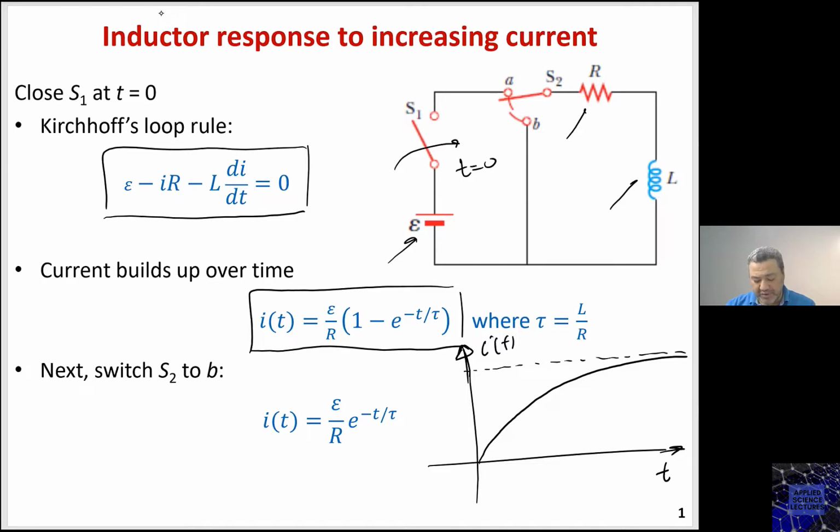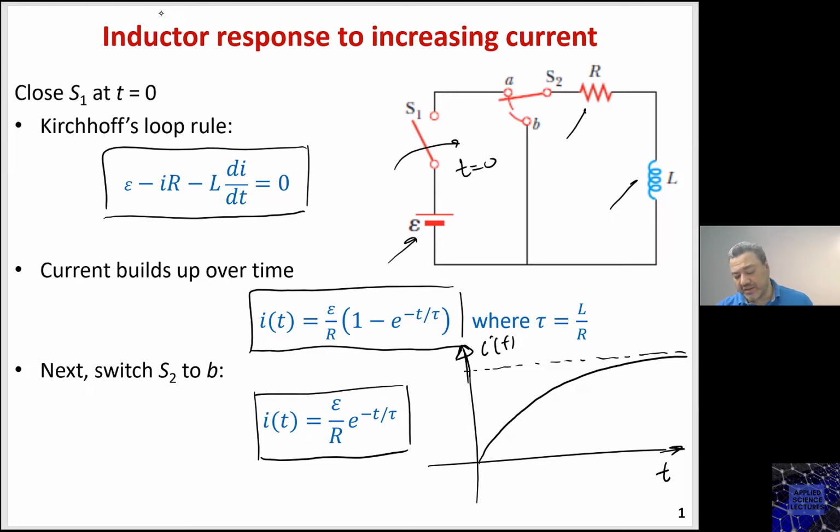And this is the expression for the current when the current is decreasing, or the inductor is discharging the energy stored in it. And this happens when I switch S2 after a long time to B. So in this case, when I switch S2 to B, the inductor has already accumulated energy in it, and this inductor now will start to discharge this energy.